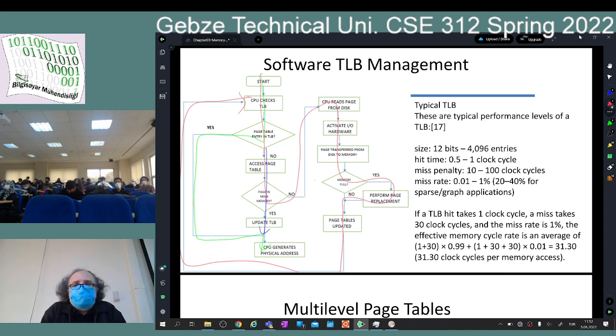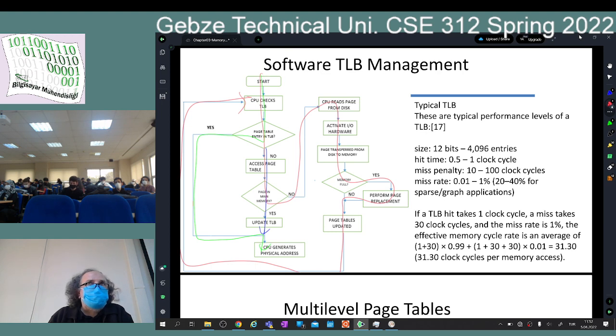Miss penalty is 10 to 100 clock cycles. And my miss rate is around 1%. If a TLB hit takes 1 clock cycle, a miss takes 30 clock cycles. A miss means that I didn't find whatever I am looking for inside the TLB.